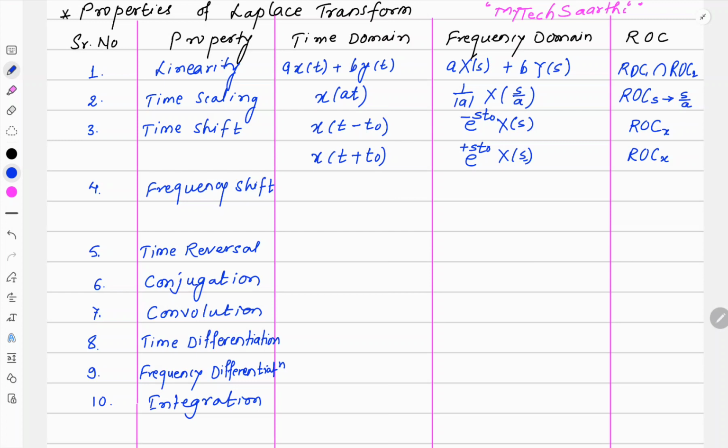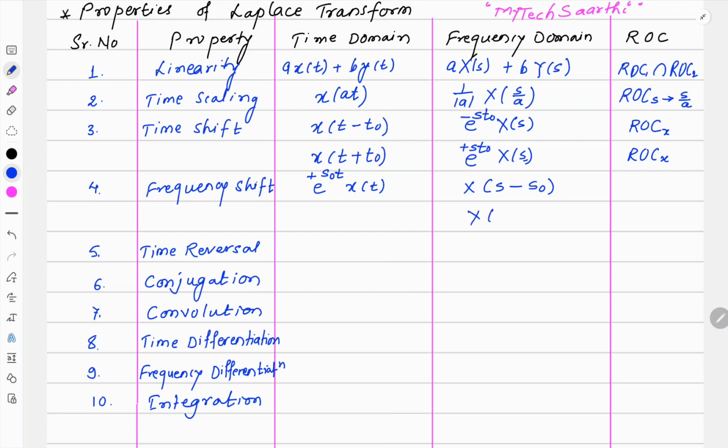Next is frequency shift. Whenever it is frequency shift, it will be x of s minus s naught. In this case, the time domain signal x of t will be multiplied by exponential signal, and now here the sign is opposite of the shift. So in frequency domain we have shift x of s minus s naught, and exponential will have the positive power, e raised to plus s naught t.